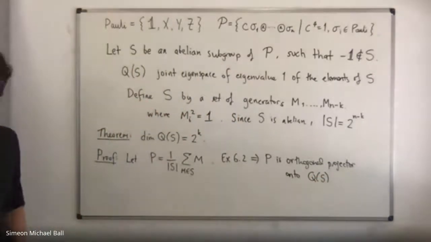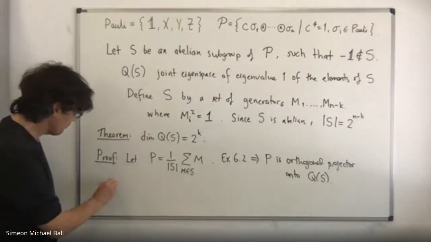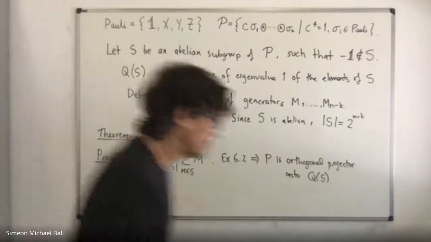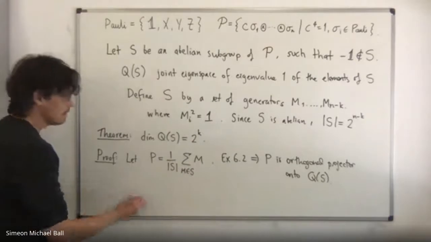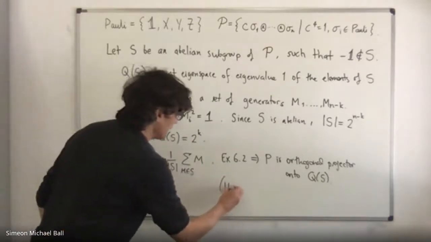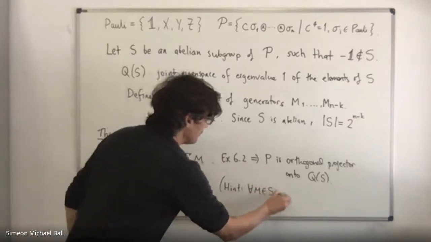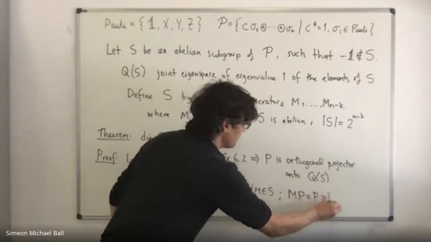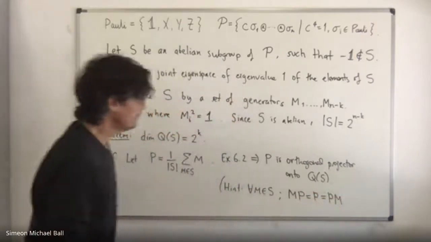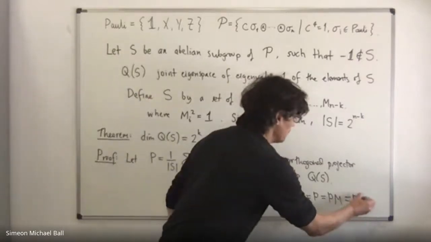And a few things from the local assignment exercise: you can prove that for all M in S, M times P is equal to P, which is equal to P times M. And then from that, you can prove that that's equal to P squared.